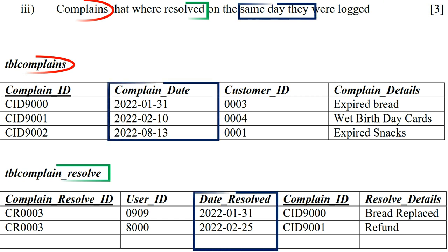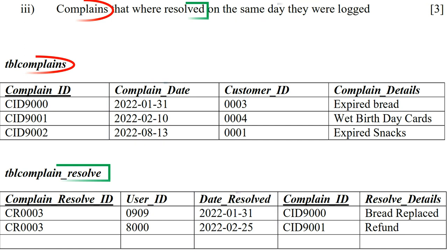In our case it is CID 9000 with date 2022-01-31, which is the one with complaint resolve ID CR003 and complaint ID CID 9000. That's the only one that we need. So we have to join and then put a where clause.